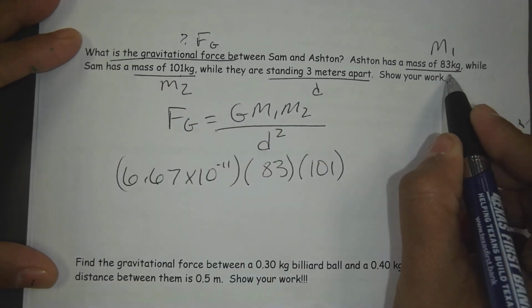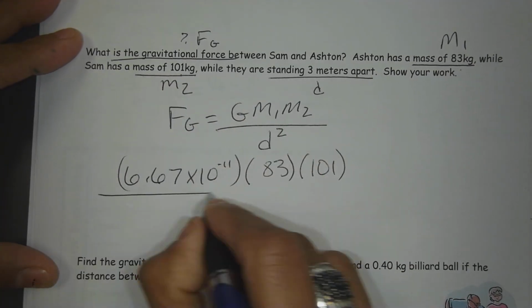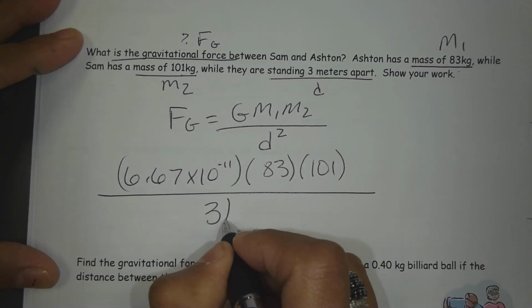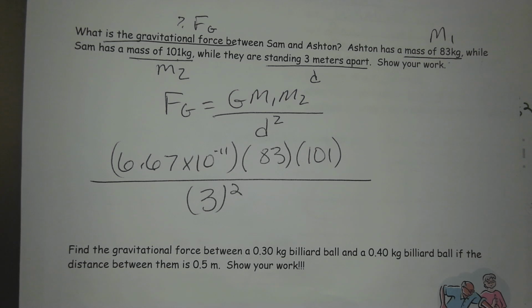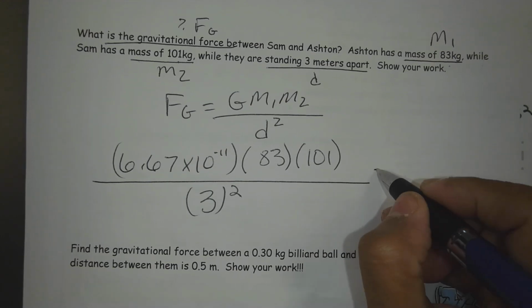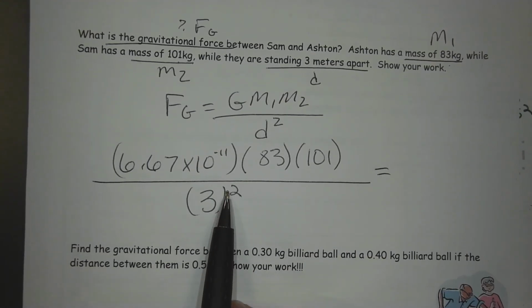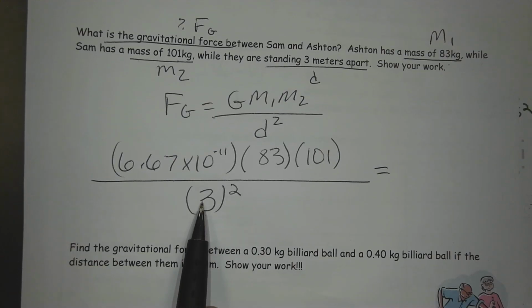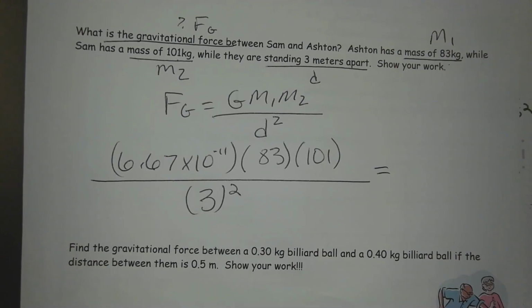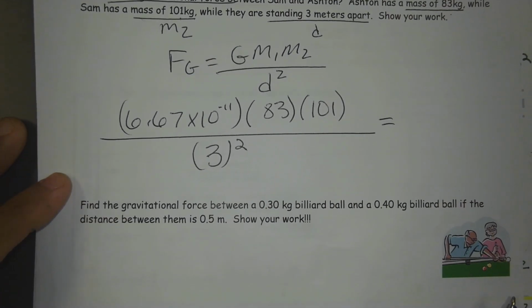They are in kilograms, so we're good there. We don't have to convert anything. 3 squared. And see, we can have little numbers that are not astronomically big. Don't forget to square the 3 and multiply everything and then divide it by your 9 at the bottom. Not bad, easy cheesy.